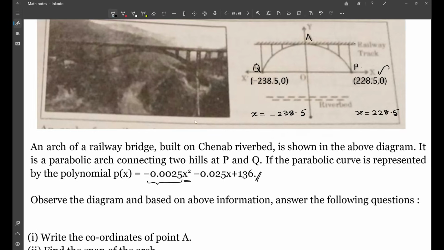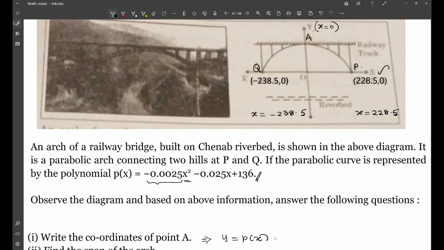Moving on to the first question, write the coordinates of the point A. So we have the polynomial y is equal to p of x, and the point where it meets the y-axis. Y-axis is otherwise called x is equal to 0. So the point where it meets the y-axis has x is equal to 0.